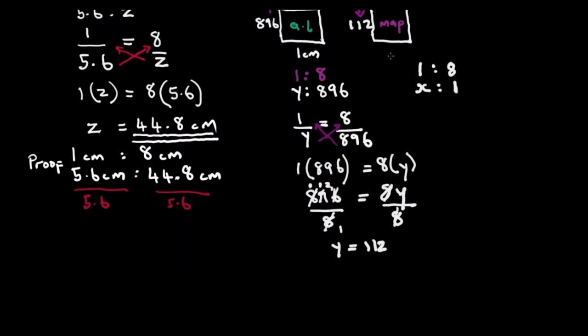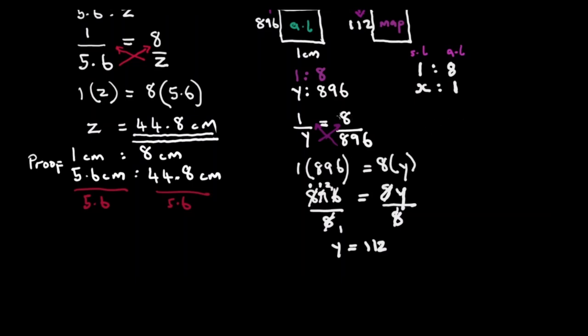Now let me explain here. 1:8, this is our scale length and this is our actual length, right? So 1 centimeter on the scale is representing 8 centimeters on the ground, our actual length. We need to find out how many centimeters on the scale or on the map will be representing 1 centimeter.